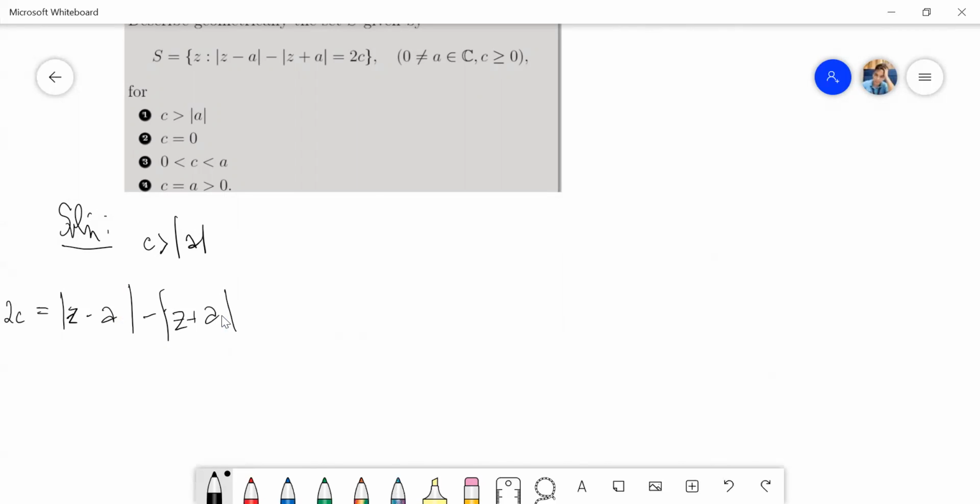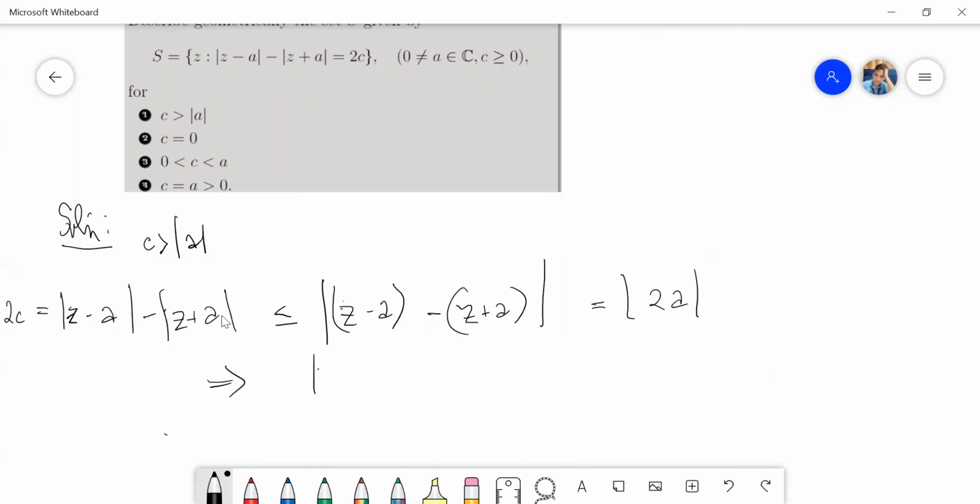And this is less than or equal to the modulo of Z minus A minus Z plus A. If I simplify this one, I would get 2 modulo A, which implies that the modulo of A is greater than C.